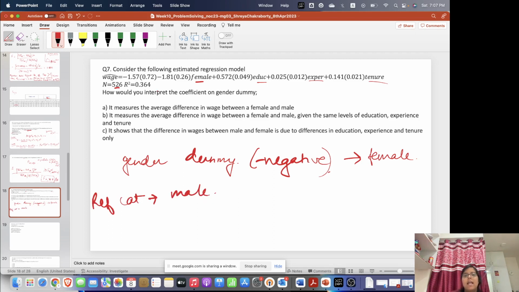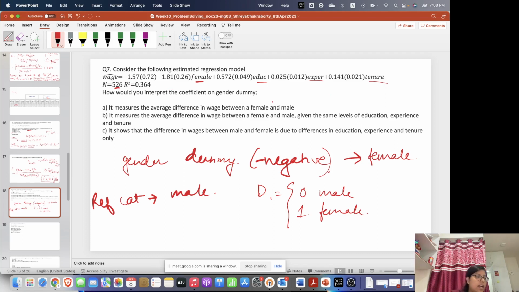Okay. So keeping everything else constant, if I consider this as a dummy variable where 0 is male and 1 is female, compared to males, females would have 1.81 units less wage, provided everything else remains constant.